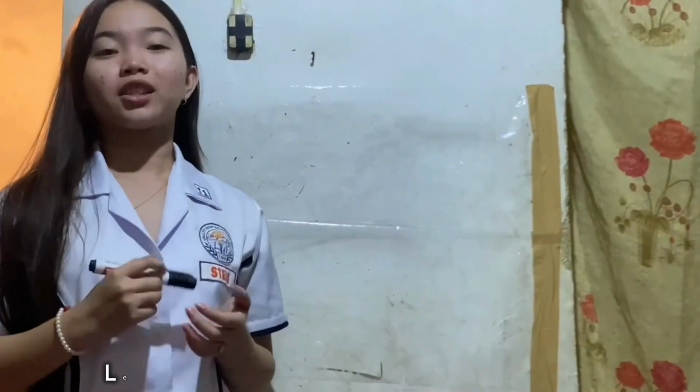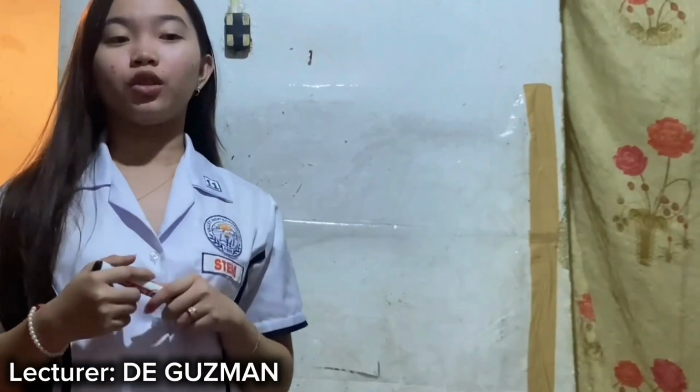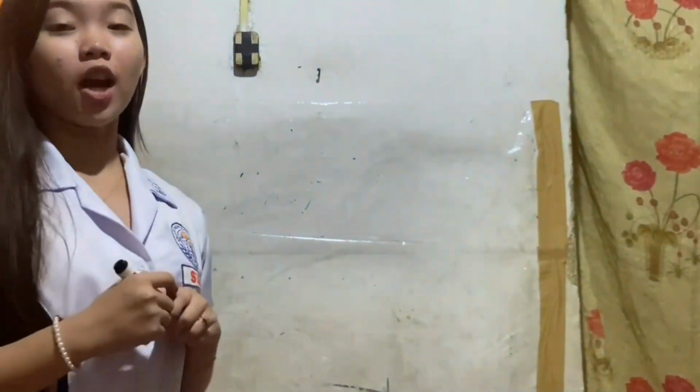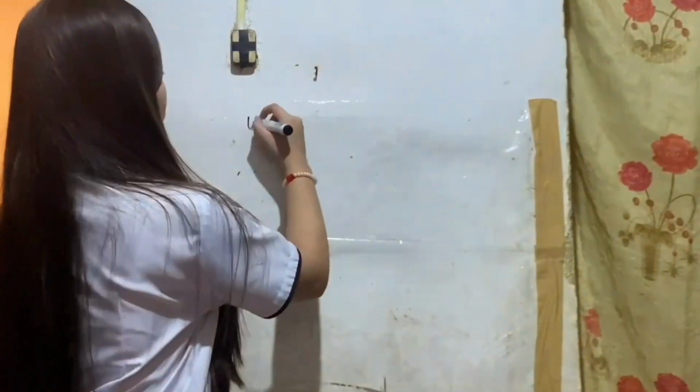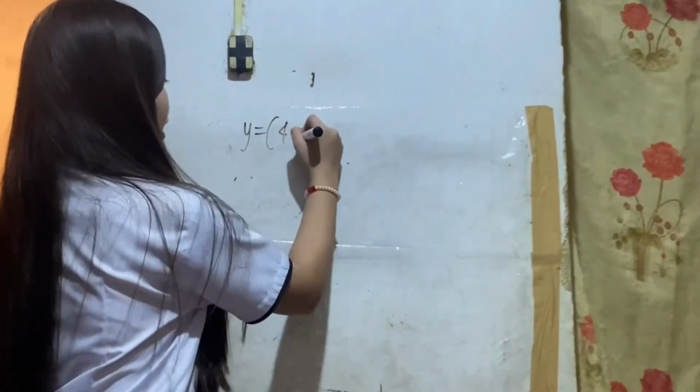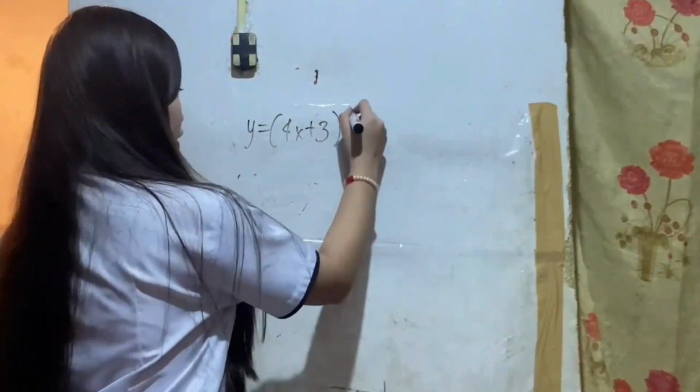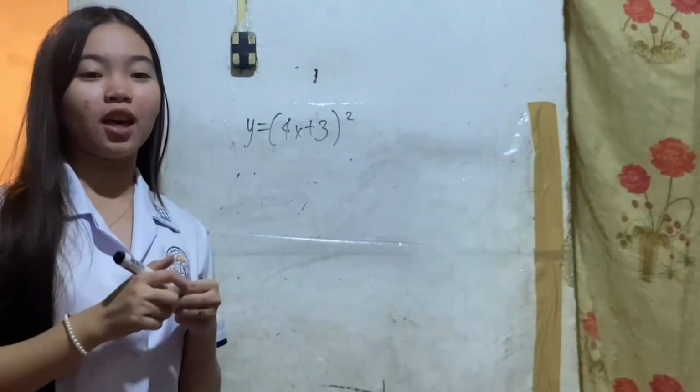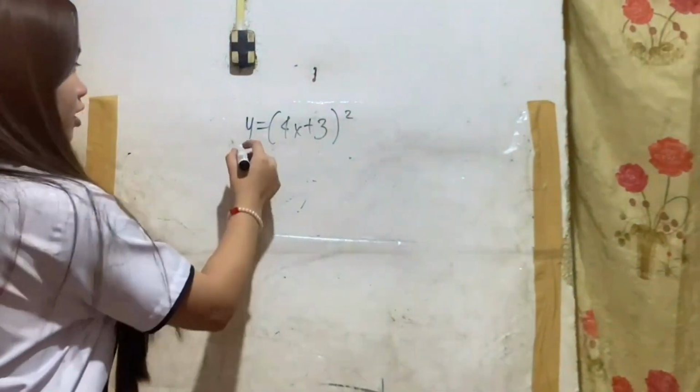So today we will explain how to use the product rule for derivation. Our given is y equals (4x plus 3) squared. For the first step, we will write the given, which is this one.